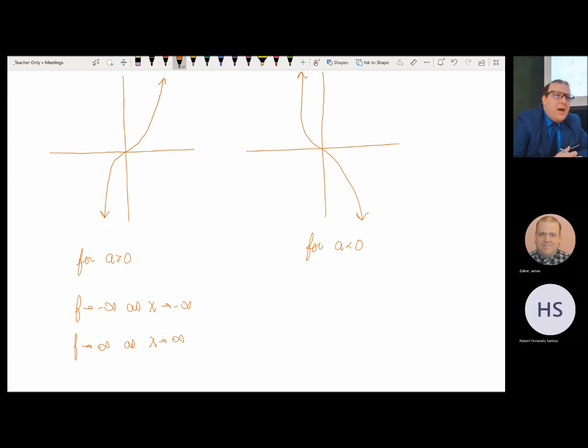If a is less than 0, it's the opposite. Every polynomial will behave in one of these 4 ways on the ends.